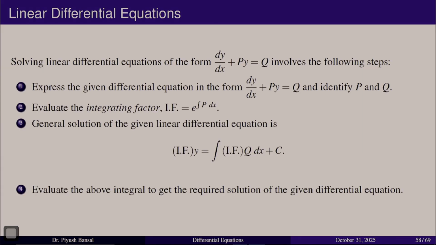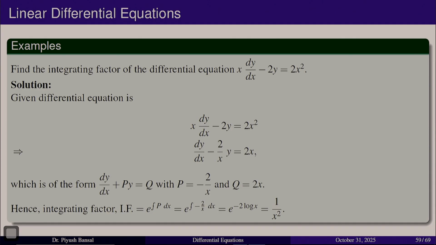These are the steps involved to solve it. First represent the differential equation in this form and find the integrating factor of the form e to the power minus integral p dx, and the general solution is given by this relation in step 3.